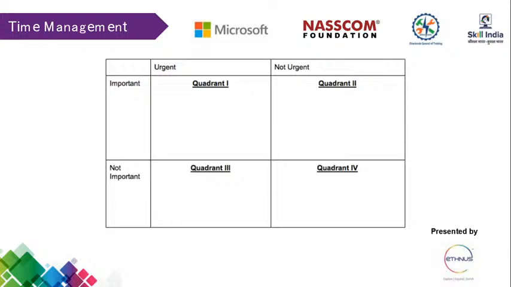So why is this grid important? It is important to understand the priority, what tasks to be done now and what can be postponed. It will also help you have a clear picture of the different tasks in front of you, which you can complete one by one.